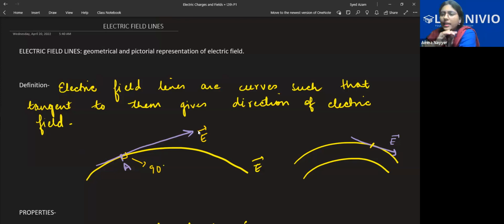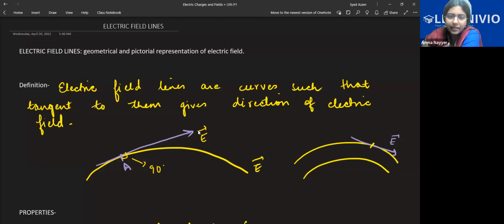So in your exam, only the properties of electric field lines come. If a question has to be there, it will ask you to write the properties of electric field lines, so you just need to mention whatever properties are there. Or from one or two properties, it can give you a figure.